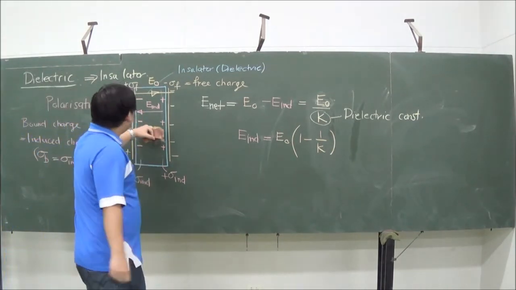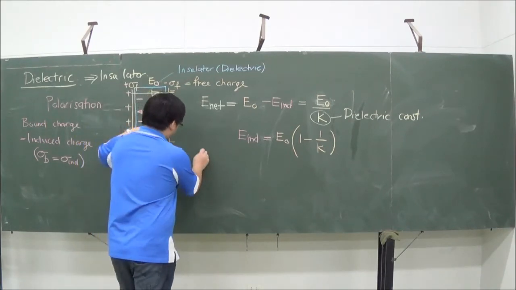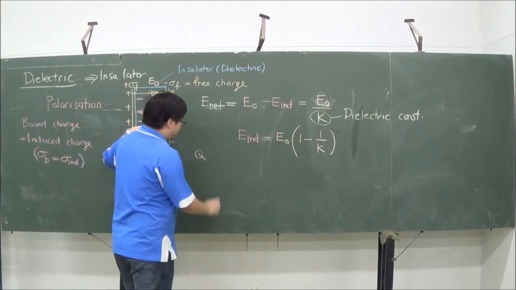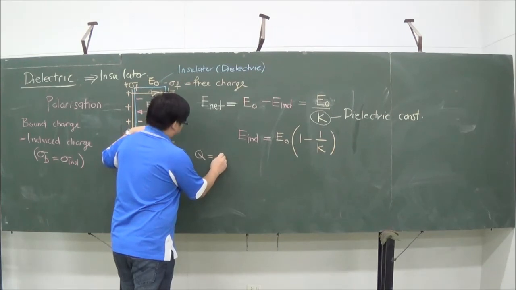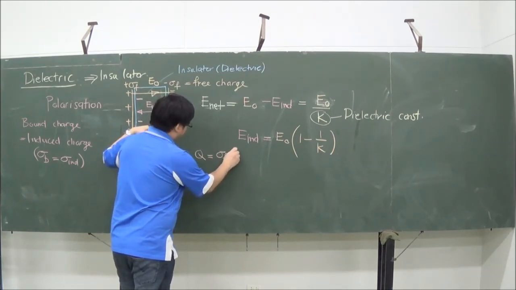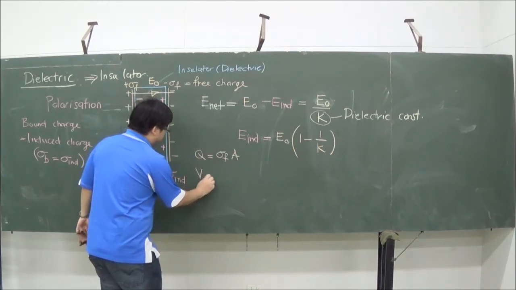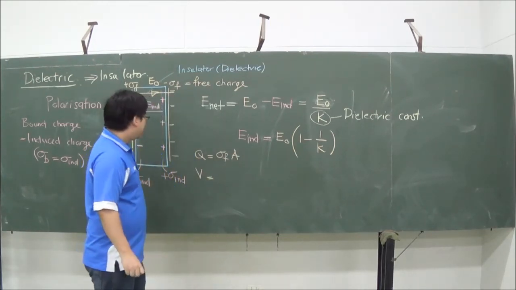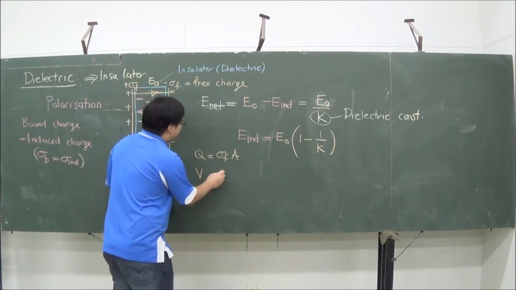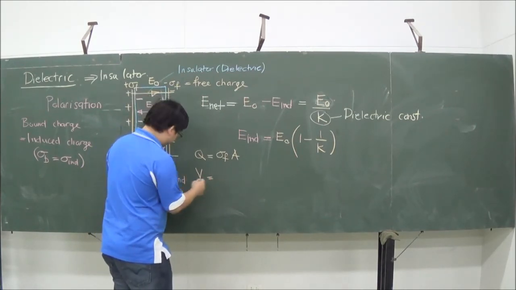And as you see now, the charge stored on the capacitor is still the free charge, so it is sigma F times the area A. The voltage now is E times D, and this E is the net field.